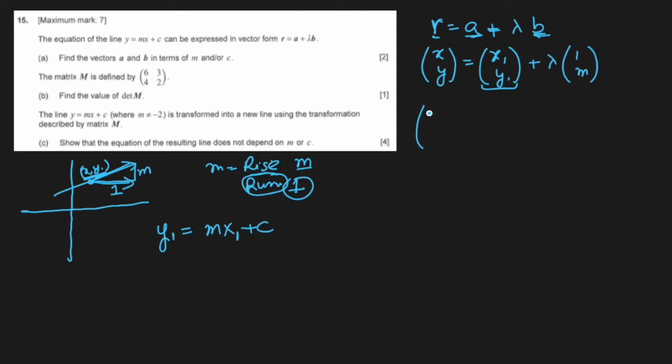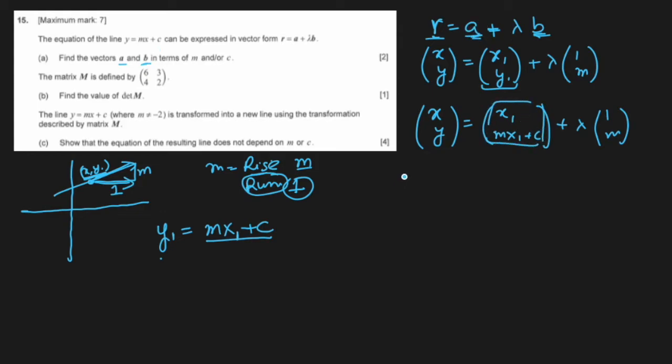So we can rewrite this equation as (x, y) equal to x1 remains x1, but y1 becomes also in terms of x1, m x1 plus c, plus lambda (1, m), right? Now, if we compare with this, they're saying vectors a and b we need. So vector a is this one, yeah? So a becomes (x1, m x1 plus c).